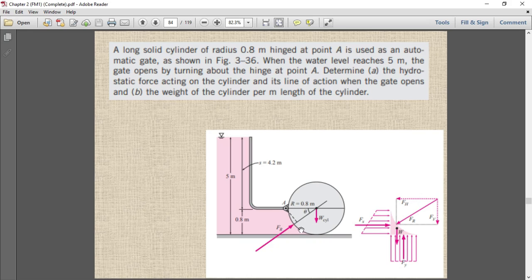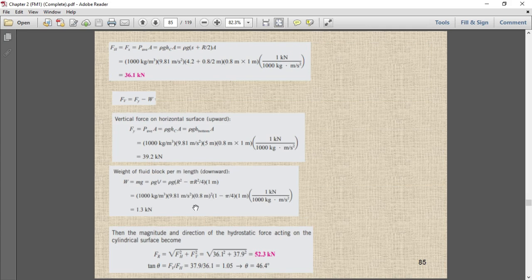So what we can do: 0.8 into 0.8 minus this quarter circle. What is the area of the circle? We can see here, r square. That is the square, minus pi r square by 4, into 1 meter, which is the length of the cylinder.